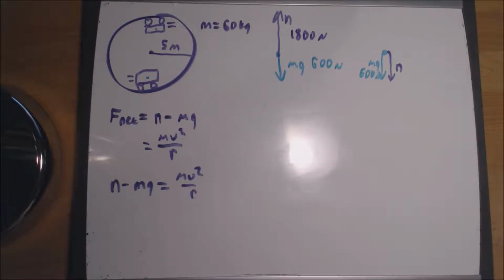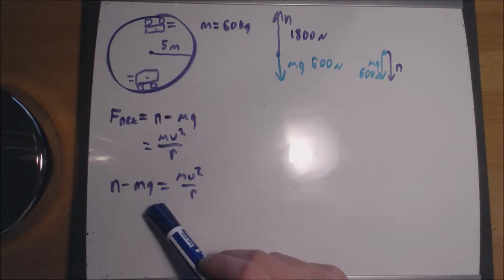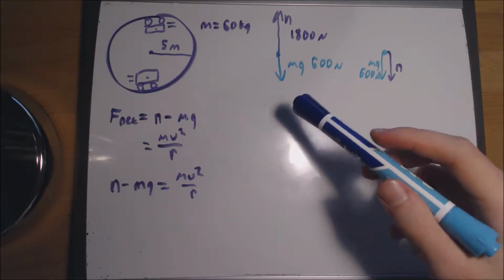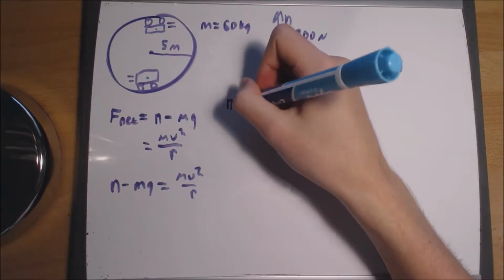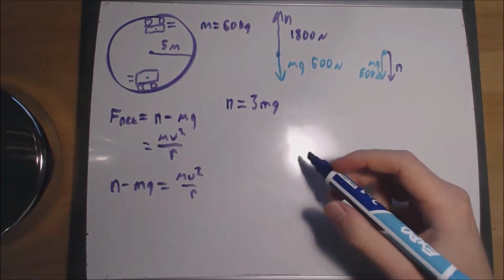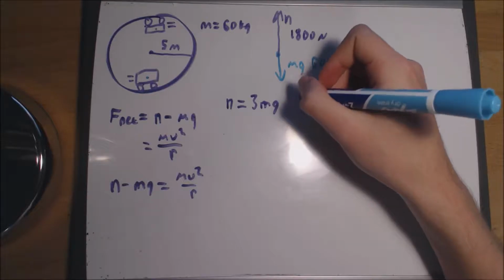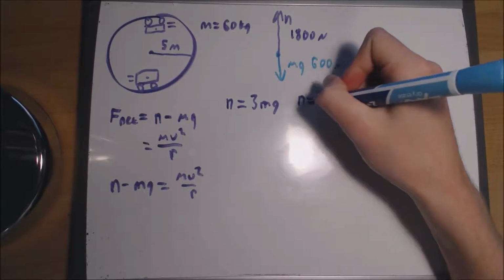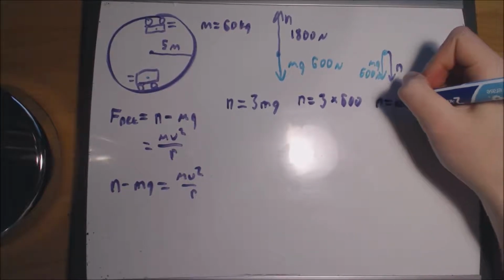So that's great. We know N, we can figure this out pretty easily. Since he feels 3 times heavier, N is going to be 3 mg. And since mg is 600, N equals 3 times 600, N equals 1800.